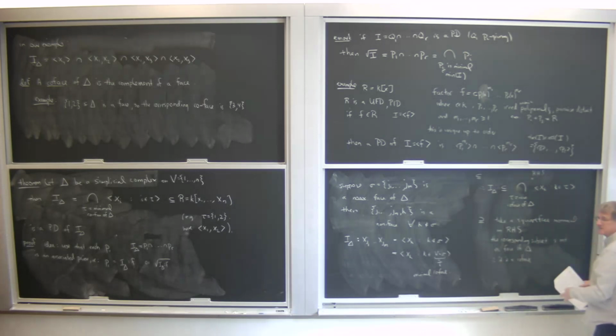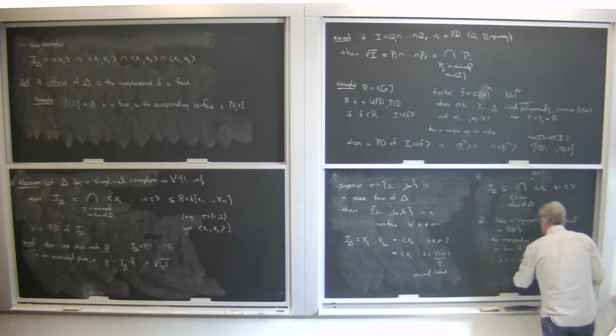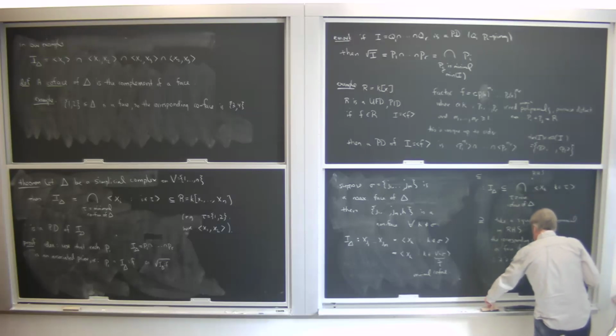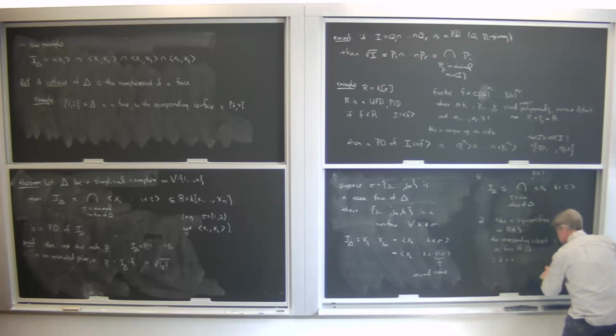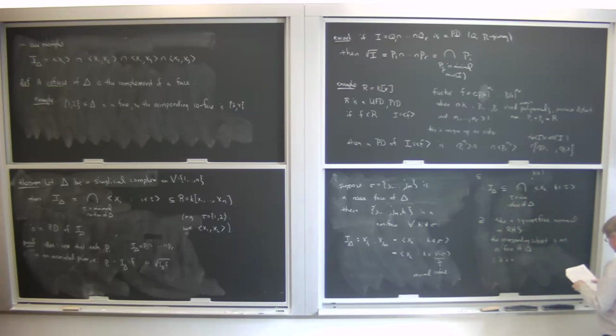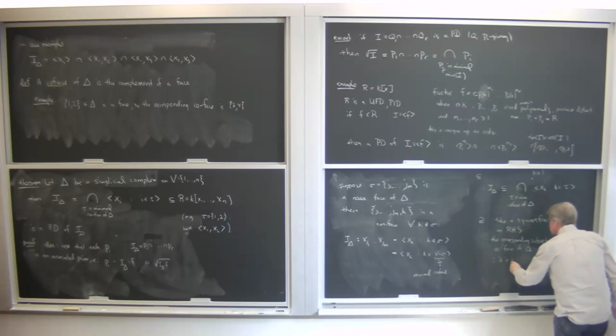But we've already gotten all the cofaces essentially in here. Anyway, it's a coface. No, sorry, not a coface. No. I'm getting screwed up here. The corresponding subset is not a face. Therefore, it is in I delta.